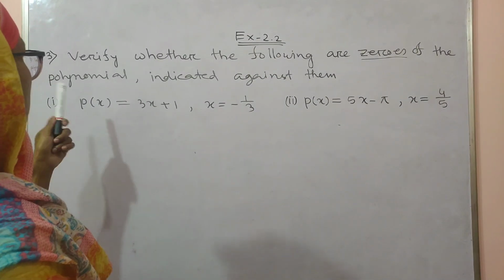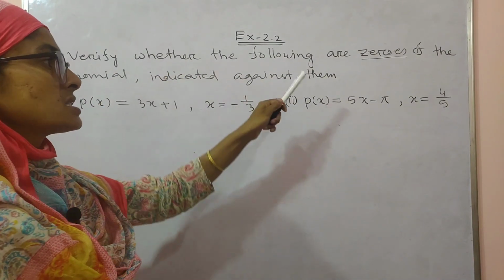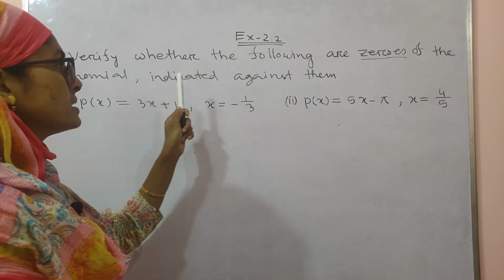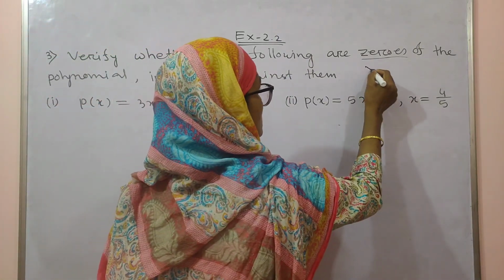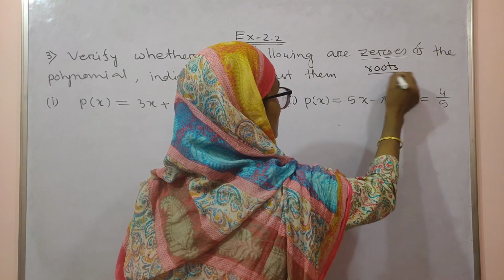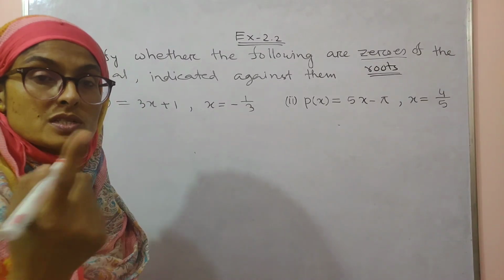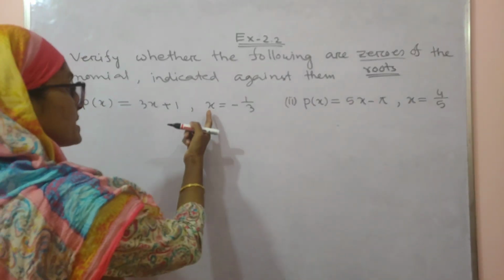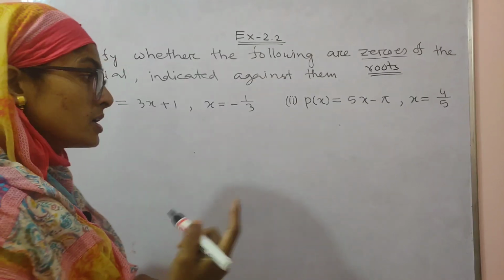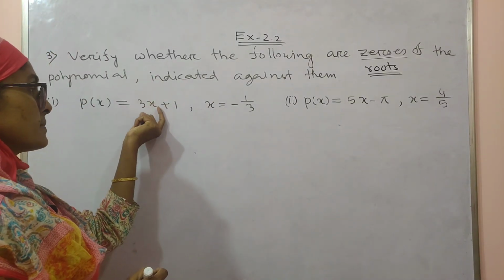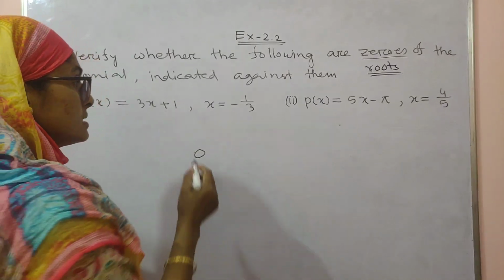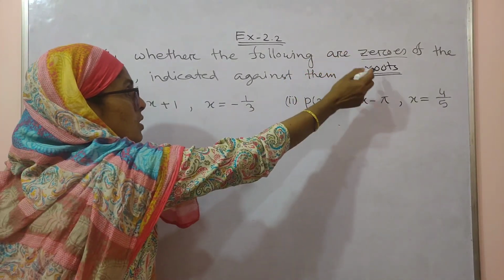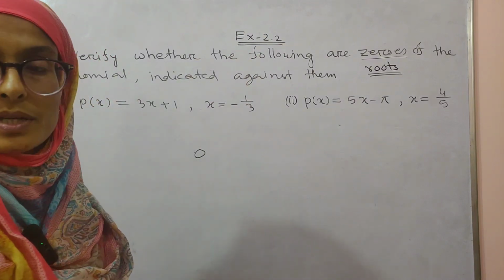So, here question number 3, verify whether the following are zeros of the polynomial indicated against them. Here zeros means roots. That means here given x equal to minus 1 by 3, if you put the value of x here and if you get 0, then this will be the 0 or root of the polynomial.